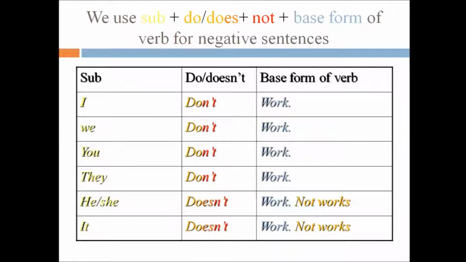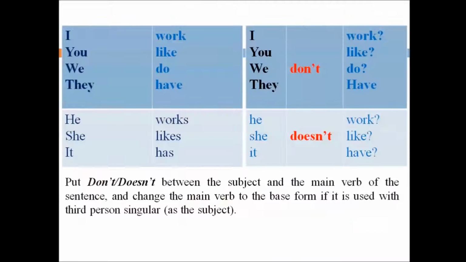Now have a look at more rules. Have a look at the table generalizing the rules of the present simple. You say I, you, we, they work, like, do, or have.